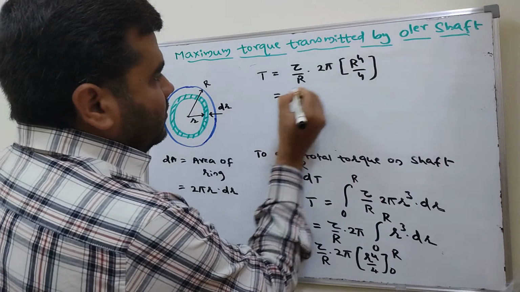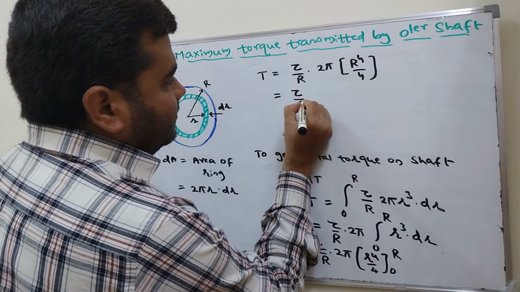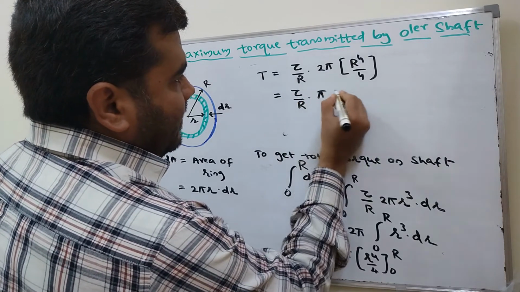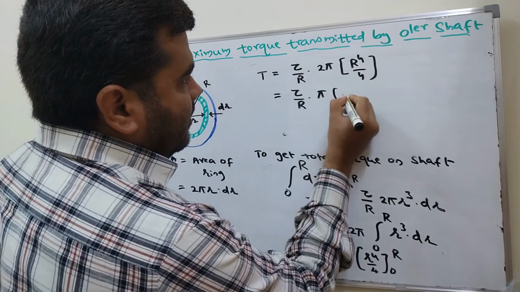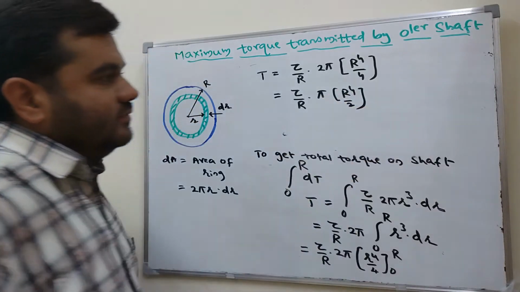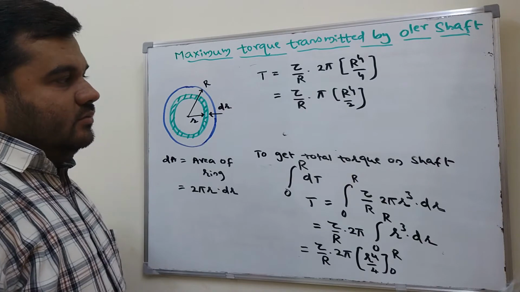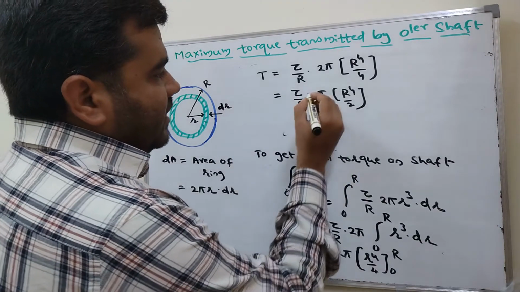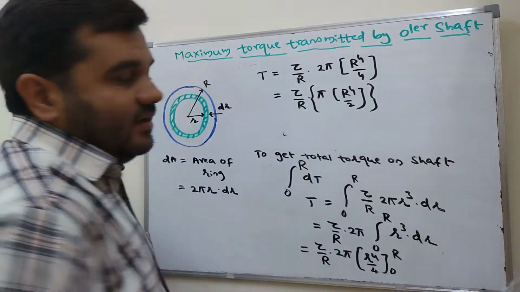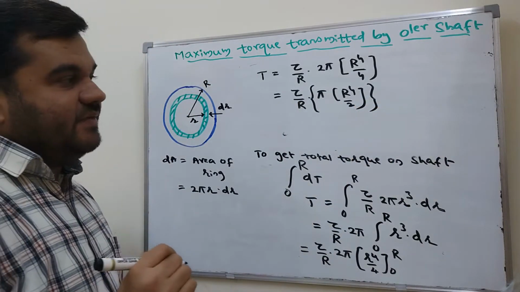So this will be equal to tau by R into pi into R raised to 4 divided by 2, right? So here one term comes. I'll substitute this value as Jp, J suffix p.